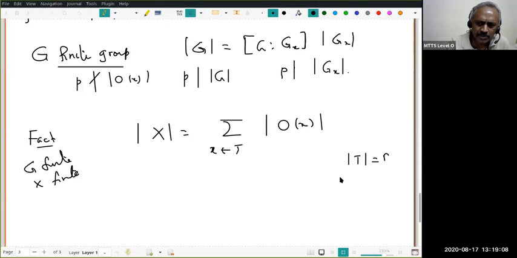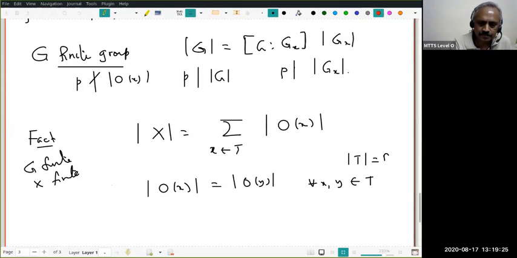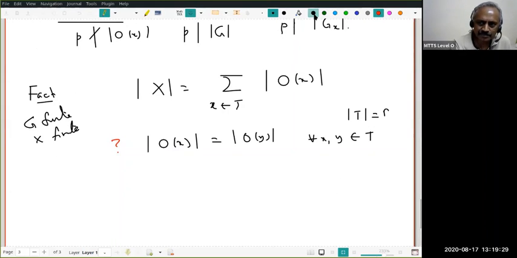Can you think of a situation where for any x, the number of elements in the orbit of x is the same as the number of elements in the orbit of y for every x, y in T? Can you think of such a situation? We have seen such an example.